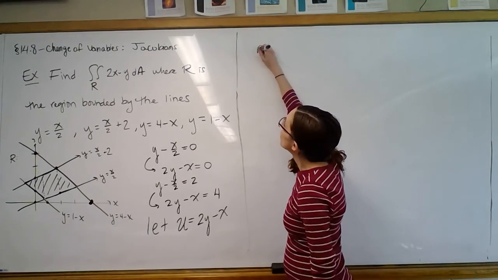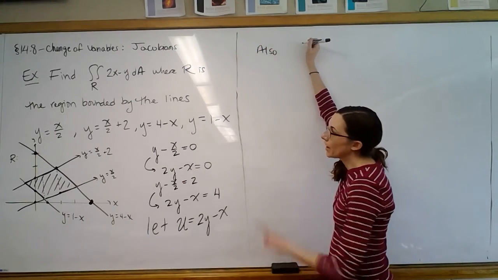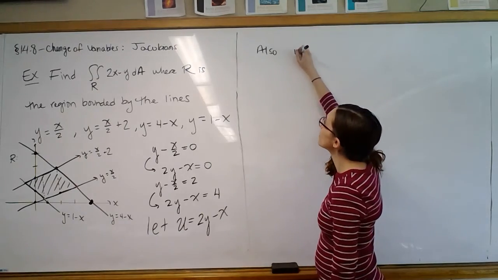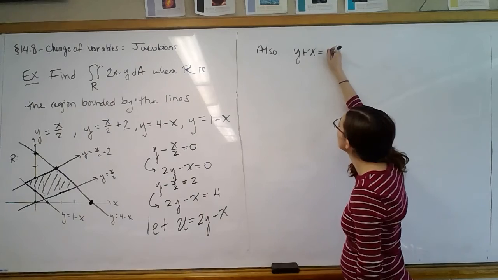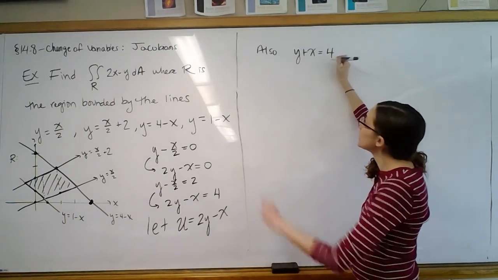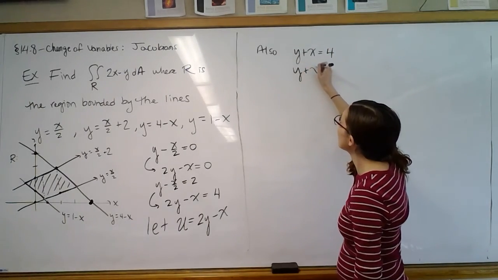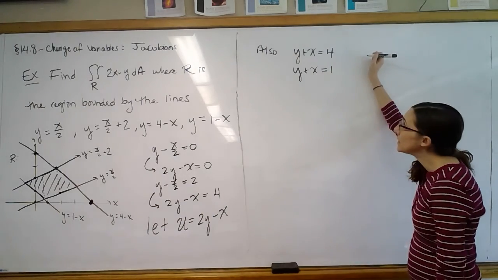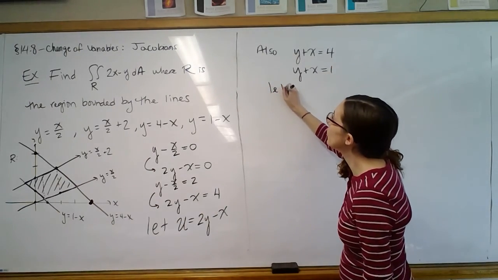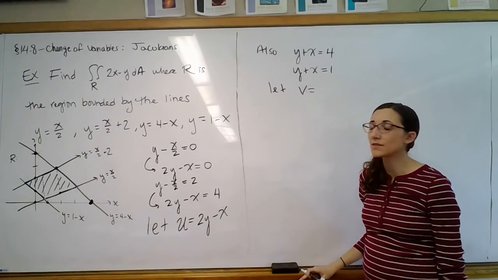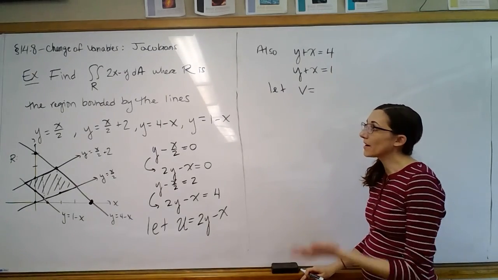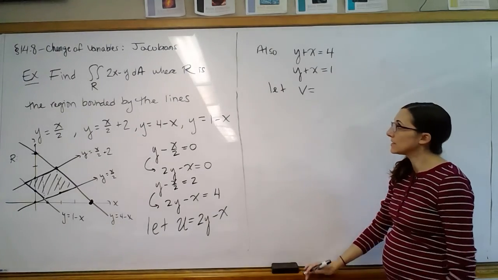Let's also add the x over, so y plus x equals 4, and then y plus x equals 1. So we could let v be another variable in terms of x's and y's, where again I want v to go from a constant to a constant.